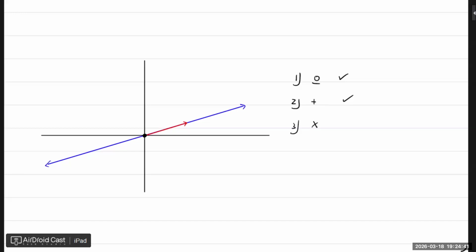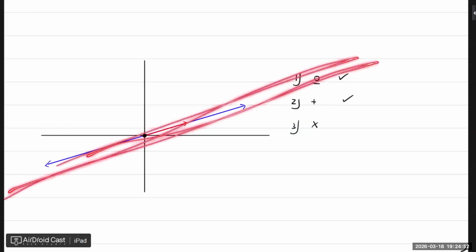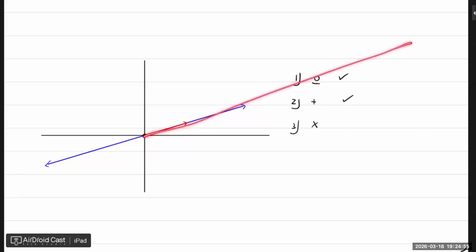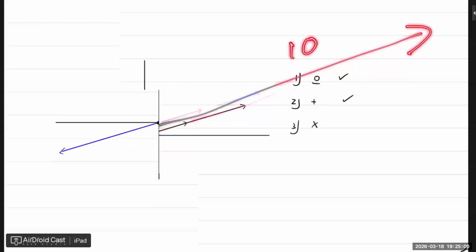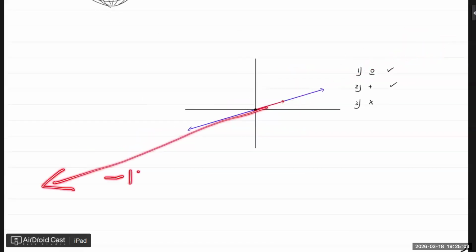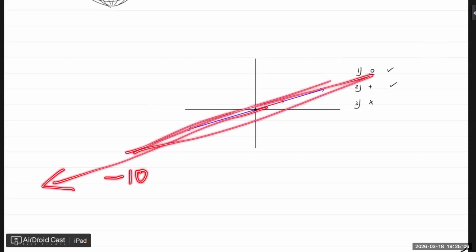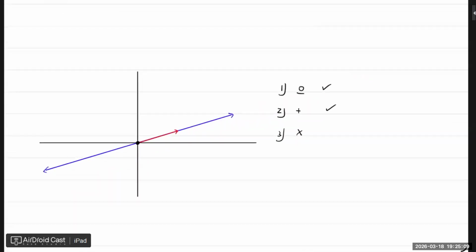If you have any vector on this line, perhaps this red one, and I multiply it with 10 or with negative 1,000 or whatever, it's still going to be on that line. It might be very large on this side if I multiply it with 10, or it may be on that side if I multiply it with negative 10, but it will still be on that line. So this is also closed under multiplication. All three things are true, which means this is a subspace.